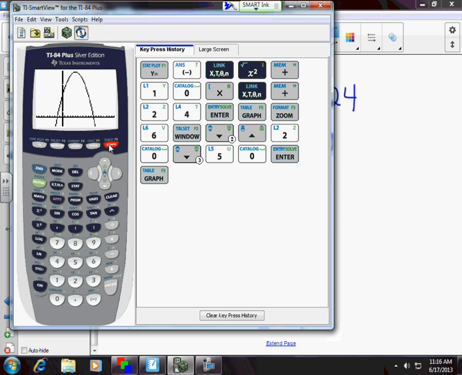So there, that's a better look at the parabola that you get when you graph this quadratic function. And you can see here the zeros of the function or the horizontal intercepts of the graph. So how can we find those? Okay. Well, our calculator will do that for us.